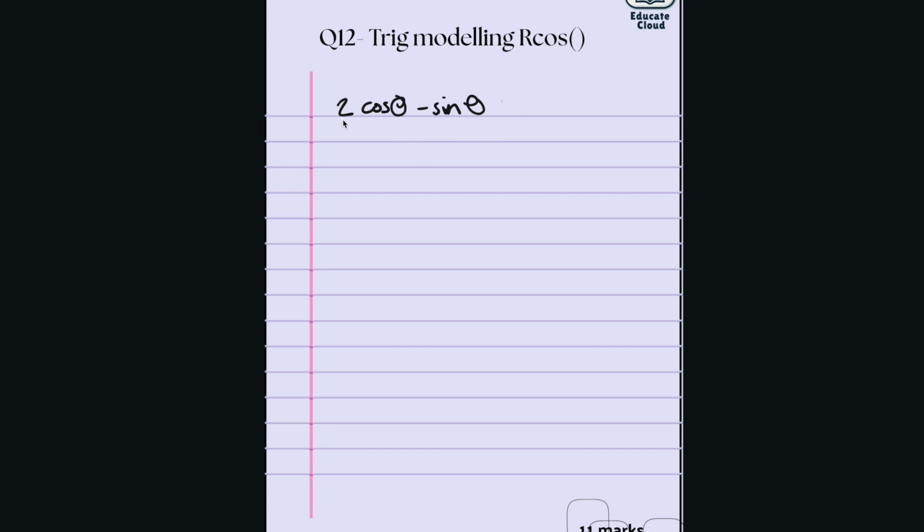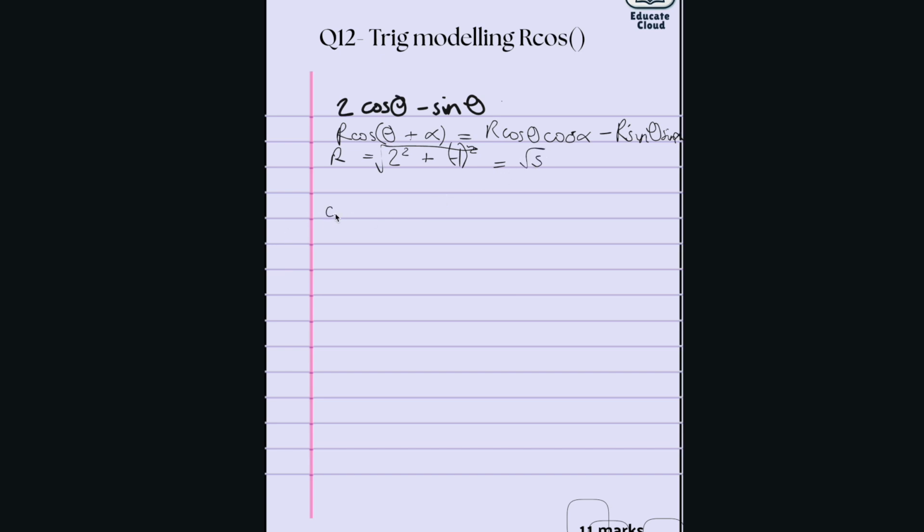So we know that if we write it out as r cos(theta plus alpha) and expand this using addition formulae, it's r cos theta cos alpha minus r sine theta sine alpha, and so r is going to be, we could just do the square root of 2 squared plus (minus 1) squared. That gives you root 5.